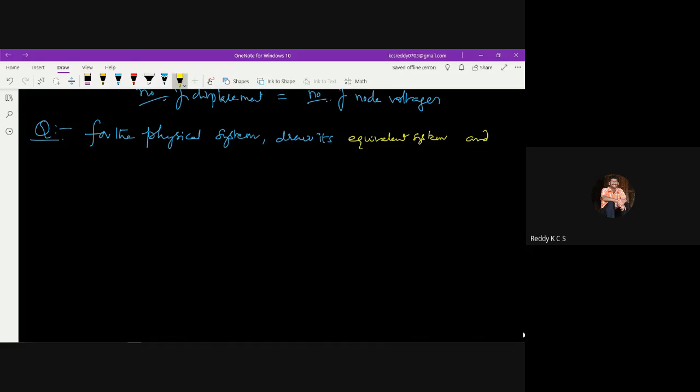And write the equilibrium equations, and hence draw the electrical analogous circuits.